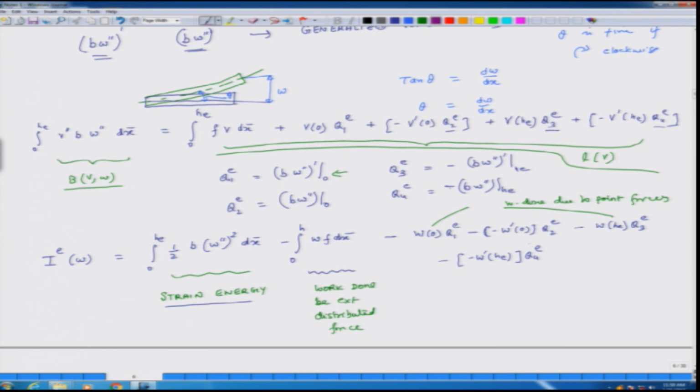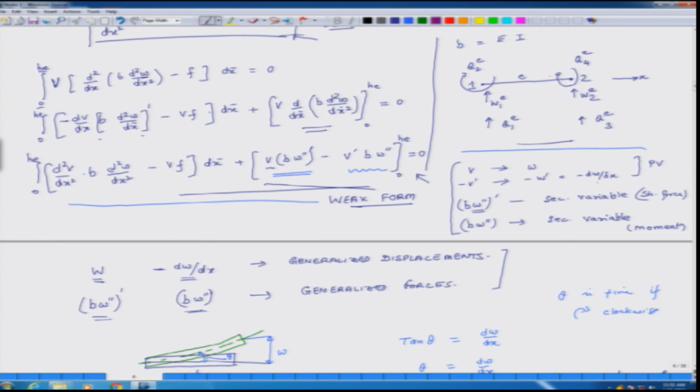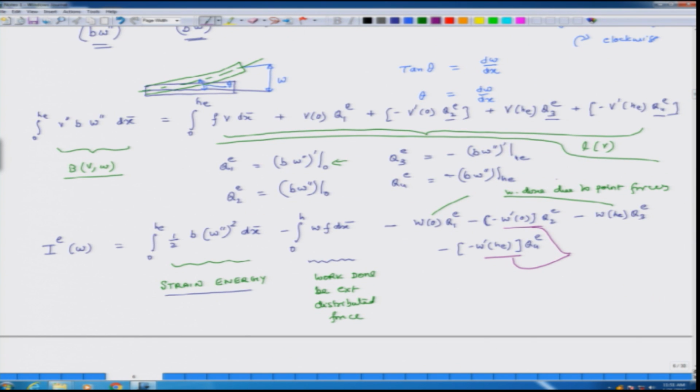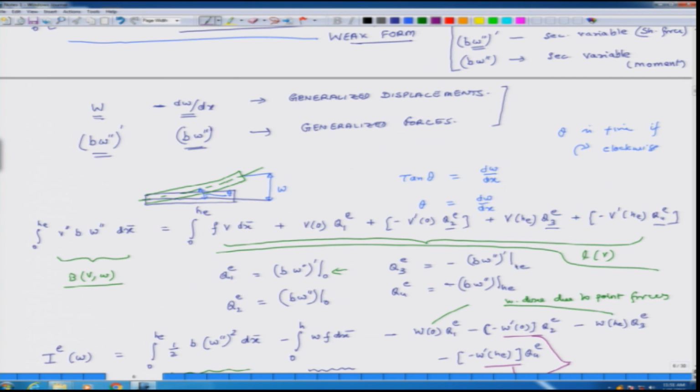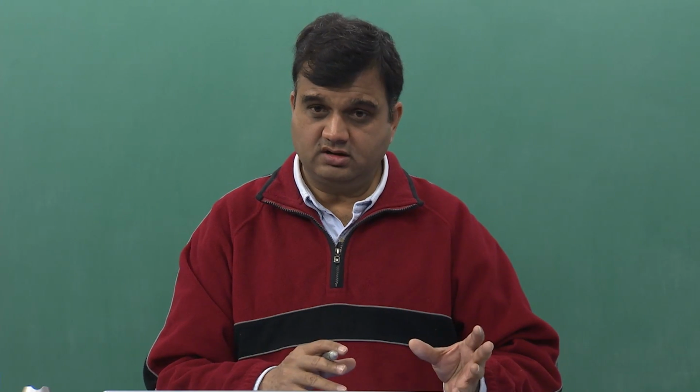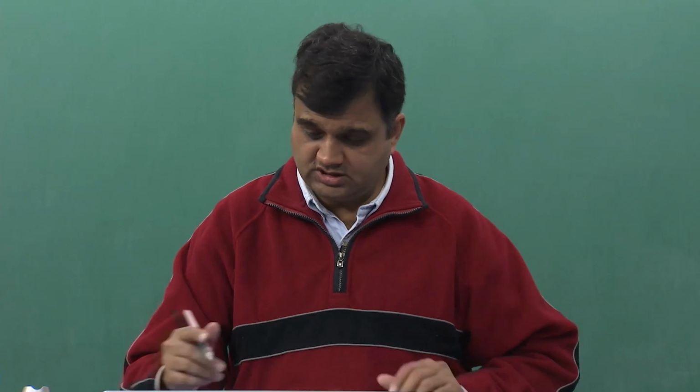And finally you look at these terms. Q2 and Q4 are moments applied at the ends of the element, and what is W prime? W prime represents the rotation because of that. So moment times rotation is again work done.